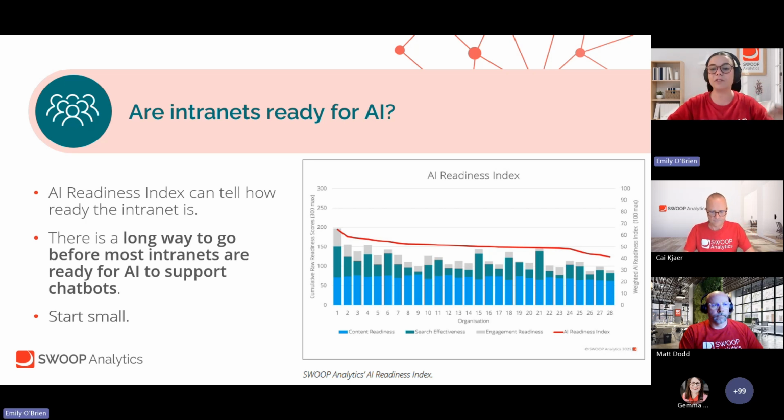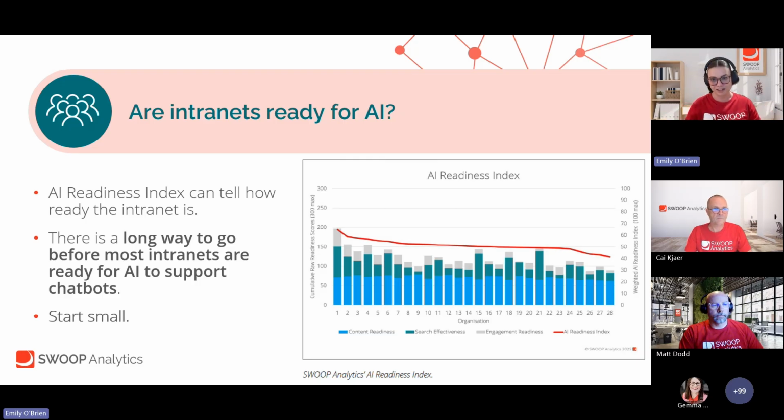For search effectiveness, this is where we drill into things like high exit rates and failed searches, which gives a clear indication of any gaps in content, or whether it needs to be reviewed in terms of how it's structured and tagged. If search is struggling, then AI is going to struggle too, because it's drawing from the same foundation.